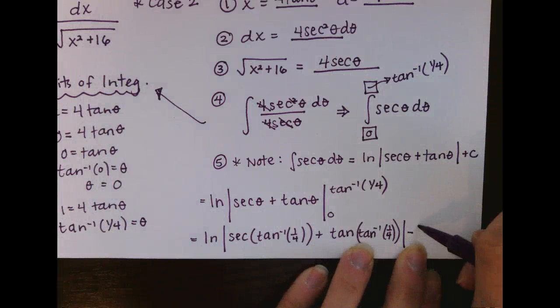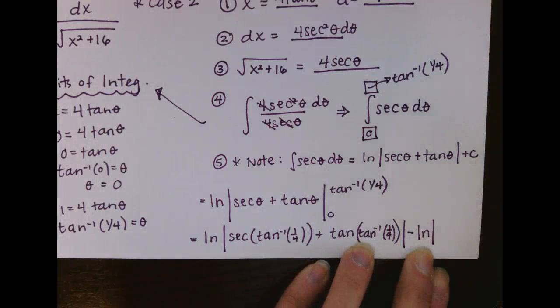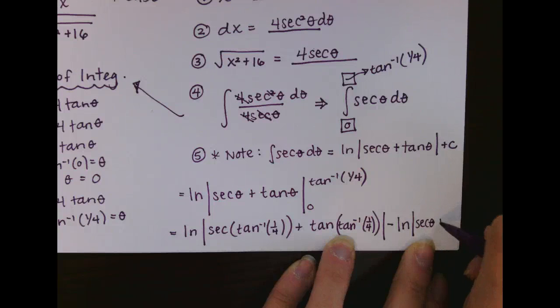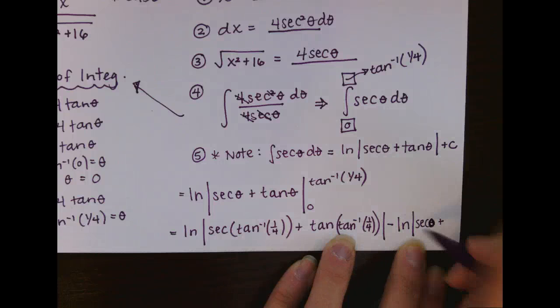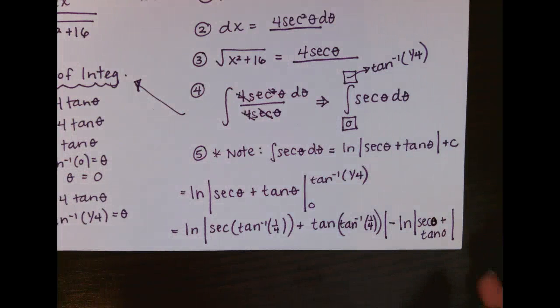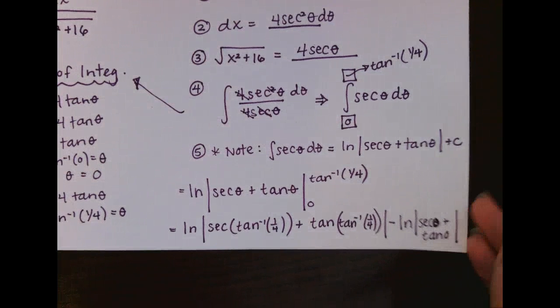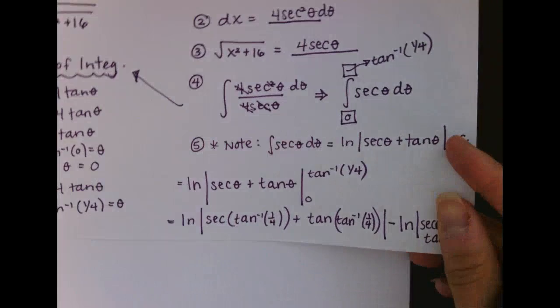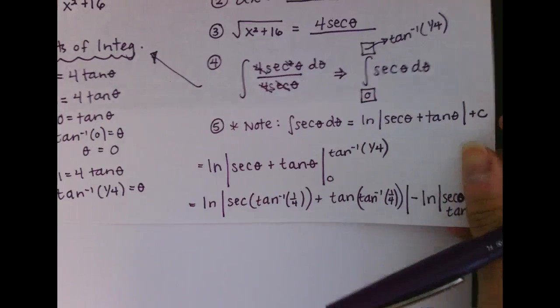The second expression is going to be the natural log of, I'm kind of running out of room here, but we're going to have the secant of theta, plugging in 0, the secant of 0 plus the tangent of 0. Alright, I need a little bit more paper here to go ahead and continue simplifying all of this. So let's do that.